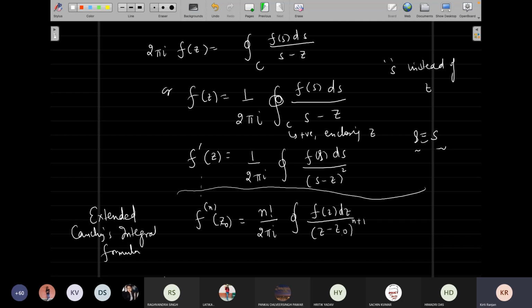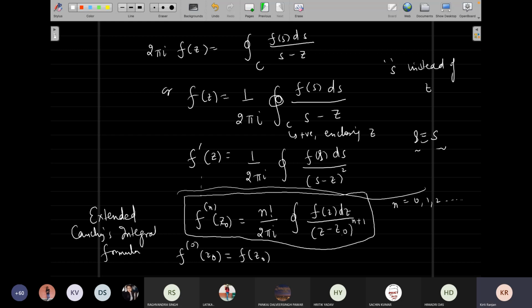But this is the formula with the notation such that f^0 at z naught is nothing but your f at z naught itself, and n is 0, 1, 2, so on and so forth. This is the form which you use in general for the Cauchy's integral formula.